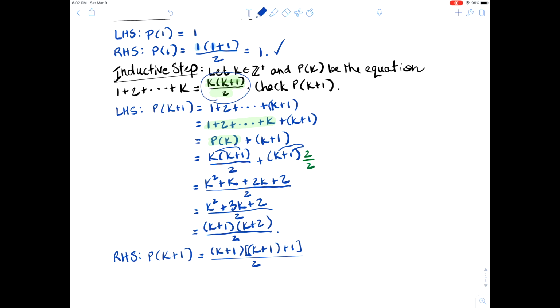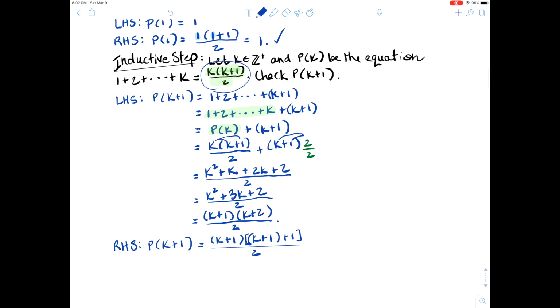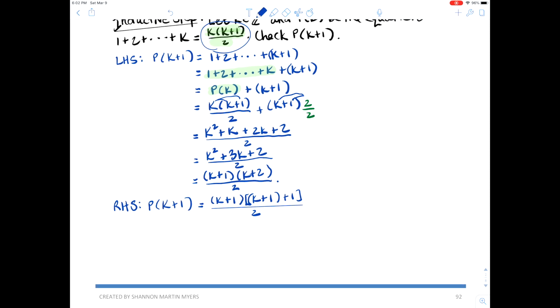Cool, cool. All right, and what is this one? This is going to equal, beautiful, K plus 1 times K plus 2 over 2, which is what we got for the left-hand side, right? So we're all done. We have verified this property.